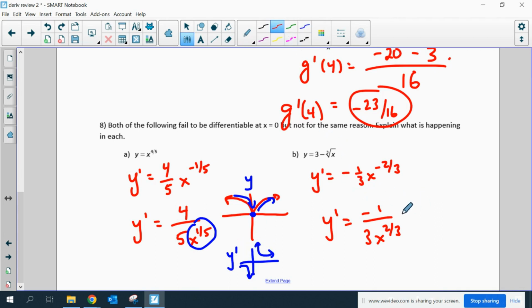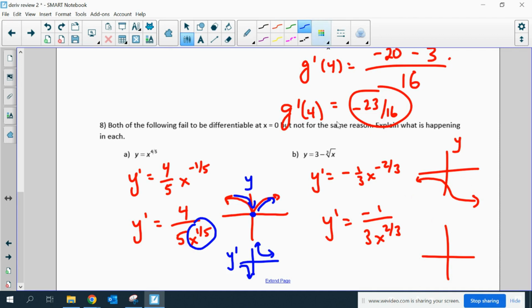Whereas this y prime is going to have always positive values in the denominator because I have this squared. So if I graph the original function, what I'm going to end up with is 3 minus a cube root. So it's going to be something, cube root looks like this, something that looks something like that, where I have a vertical tangent line at 0.